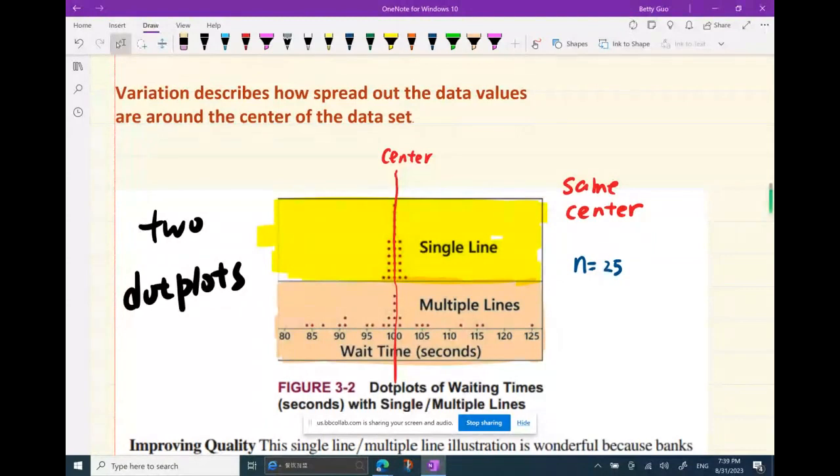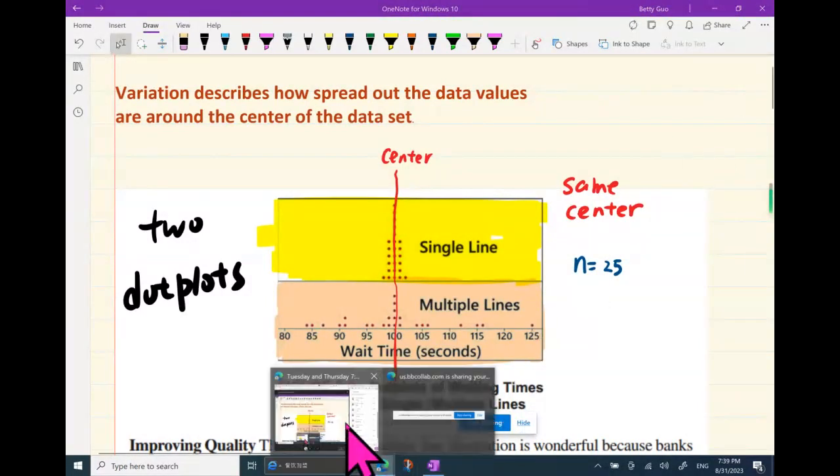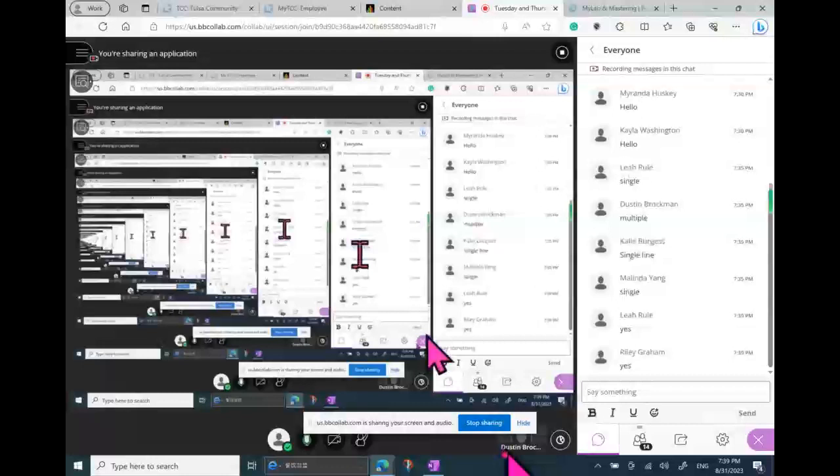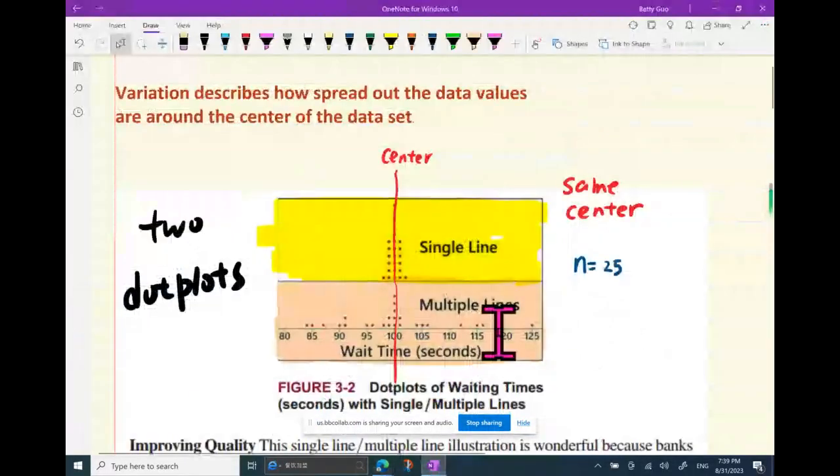Is that clear? What does variation describe about a data set? And if the variation is a measurement of the service, quality of service, and we want the variation as little as possible. Okay, that's what we need to know about from this example.